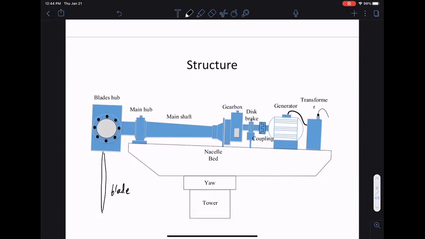The main thing is the gearbox. So the gearbox is correct. This is the part that causes issues a lot of the time. The reason the gearbox is quite complex is that wind blows at whatever speed it wants to blow at.